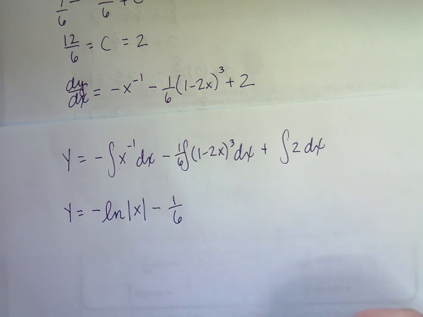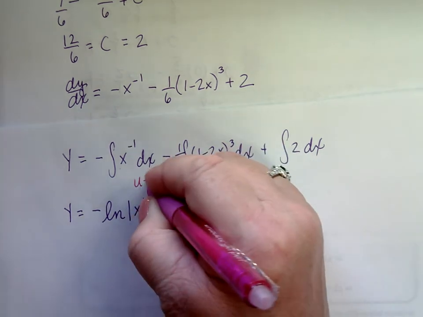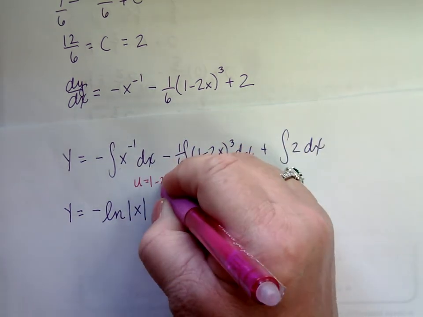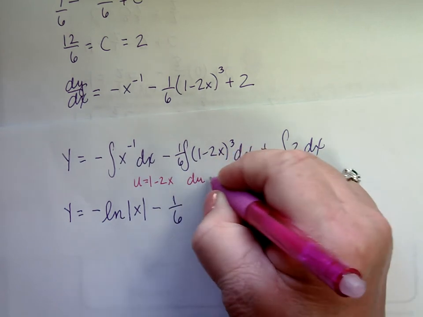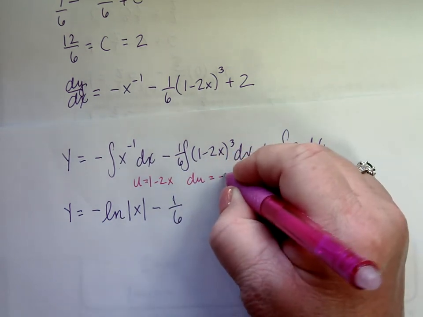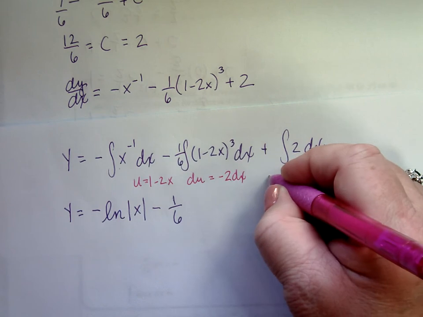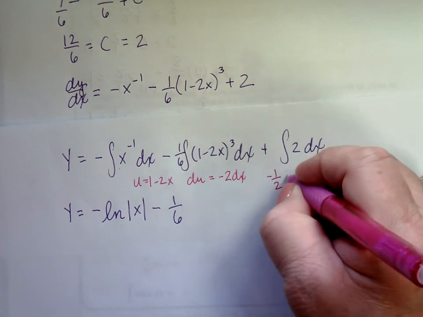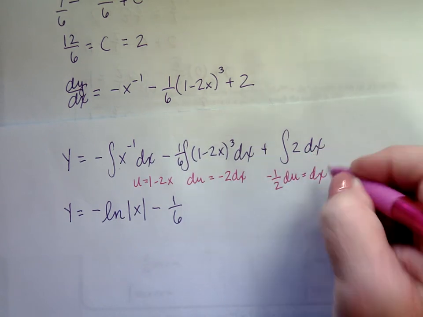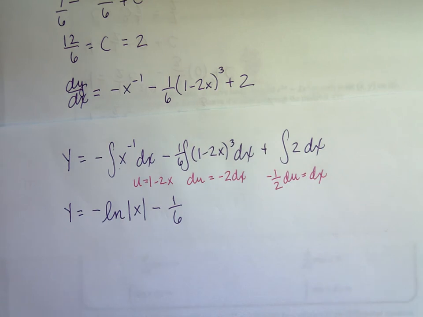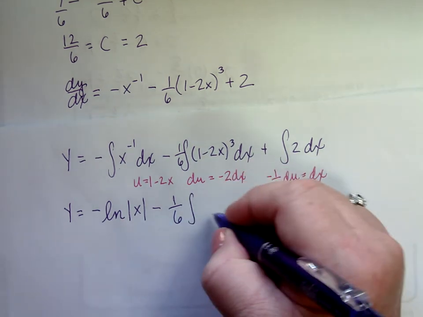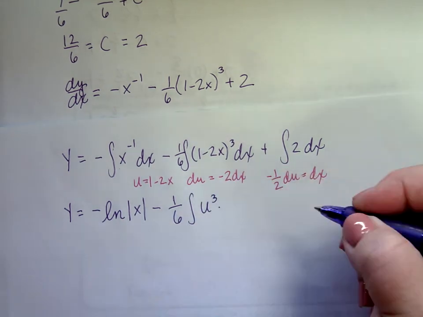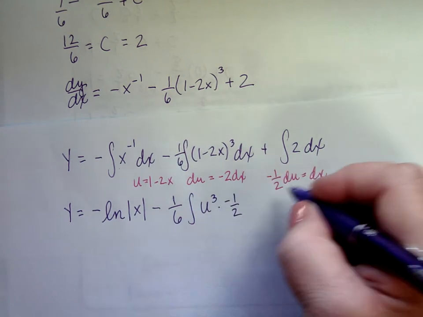Well, that requires a u substitution again, right? So I'm going to let u equal 1 minus 2x. We just did this work a second ago. du equals negative 2 dx, which means that negative 1/2 du equals dx. And so when I put that together into this integral, it's going to be u cubed times a negative 1/2 du.